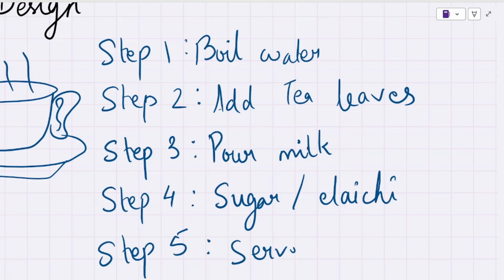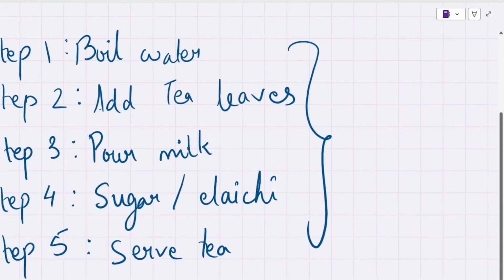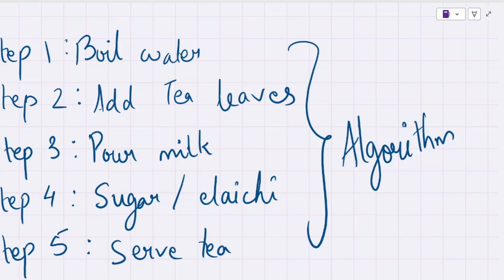So serve the tea. These are the 5 steps to make tea. So these steps, following a procedure in steps, is what we call as algorithm. So this is the algorithm. Simple algorithm, a real life example.